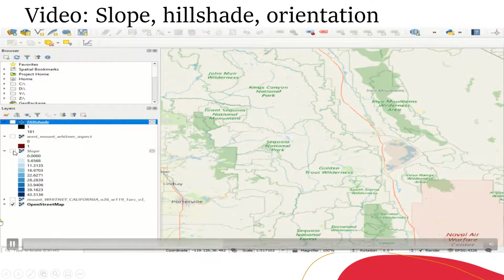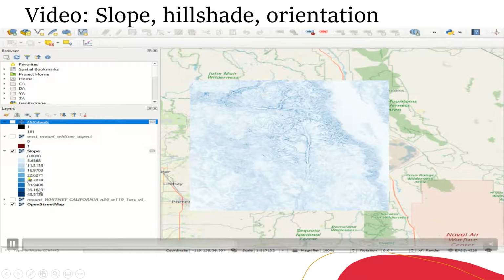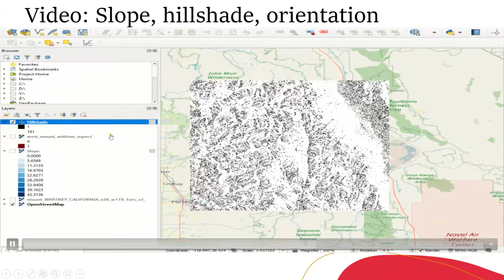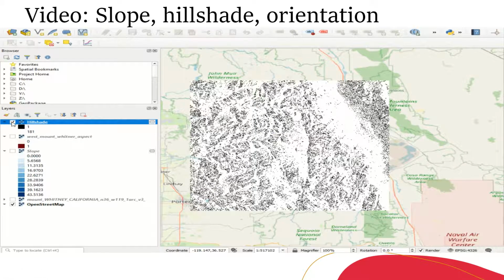in blue colors, and we see that the darkest blue means that the area has more slope than the other regions. Okay, this is how to get the hillshade, something like a three-dimensional representation of the slope.